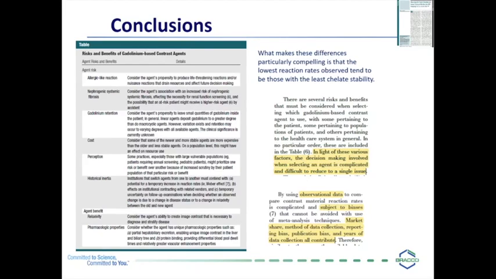As I showed you, using observational data to compare contrast reactions is complicated and subject to biases that cannot be avoided even using meta-analysis techniques. Therefore, similar to currently available data related to gadolinium retention, the reaction rates reported by individual studies are not the end of the story. All safety risks and efficacy benefits must be considered for this decision-making process.